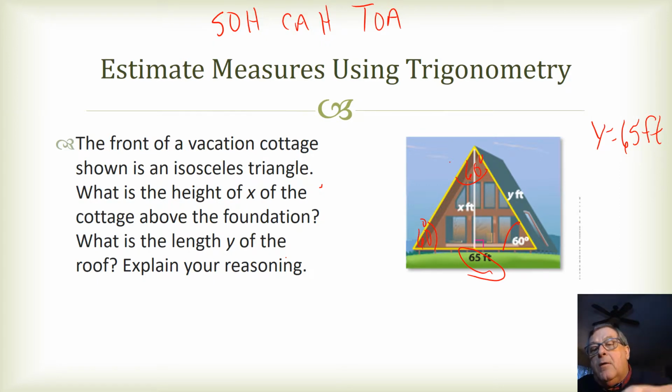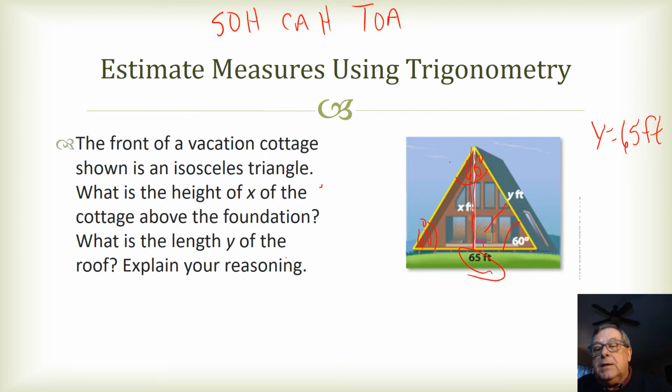I've got an angle bisector that came down from the top of the roof line down to the base, and it's perpendicular. It's got a 90-degree angle, so my hypotenuse is up here where Y is. But I know that I was given that this base is 65 feet, and that segment is bisecting it.